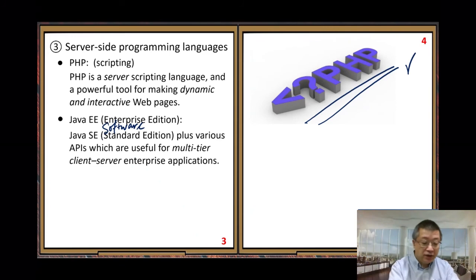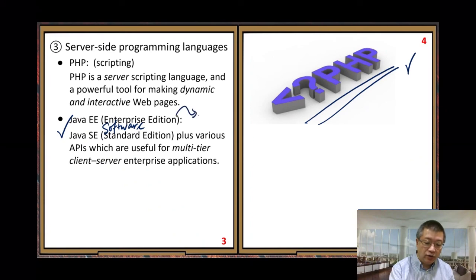First, you need to download Java SE, the core part, core Java. Then you need many APIs, a lot of APIs, for the many different technologies you need to use on this platform.